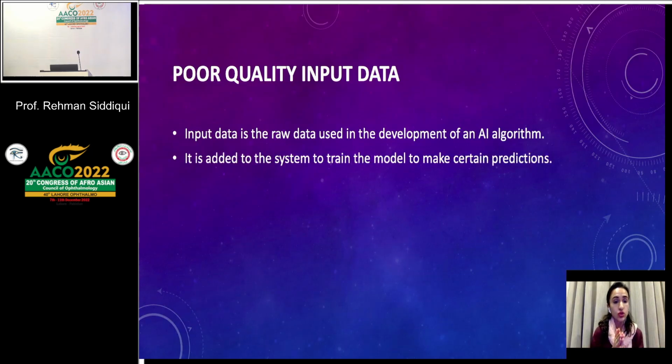Okay, so again, it is added to the system to train the model to make certain predictions. And in my example, those predictions would be the detection or diagnosis of diabetic retinopathy and its grade.